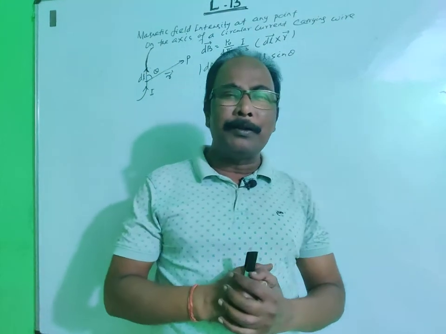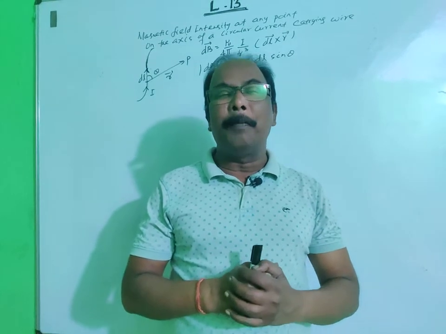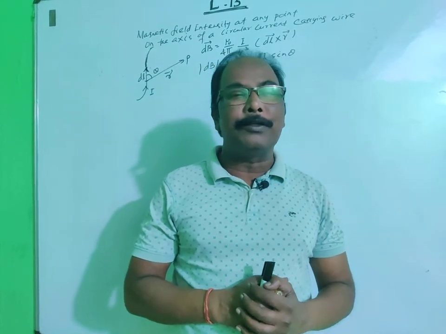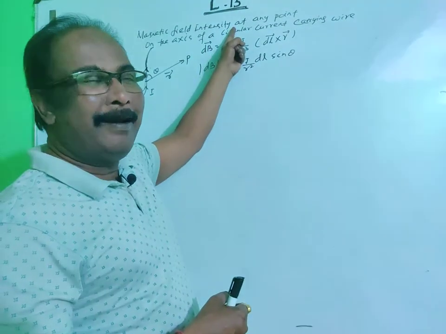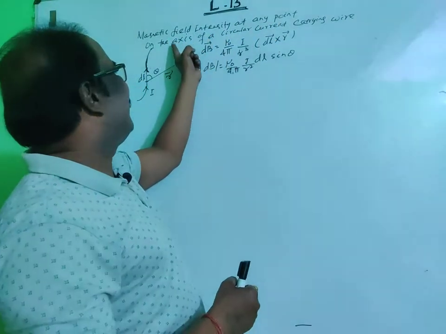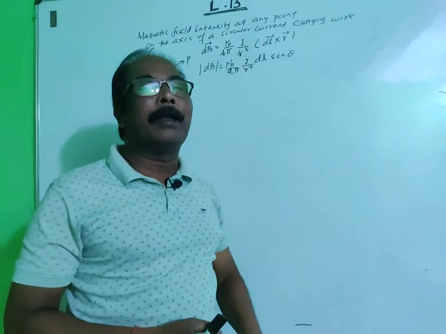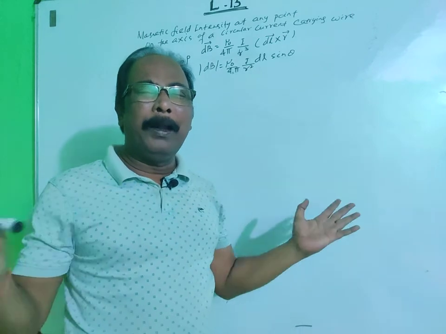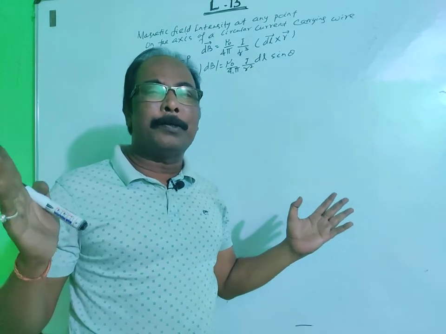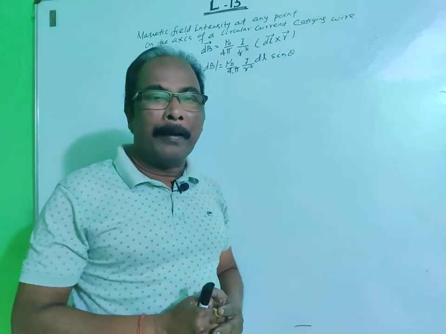In this lecture, we will discuss another application of Biot-Savart law, that is, the magnetic field at any point on the axis of a circular current carrying coil or wire.